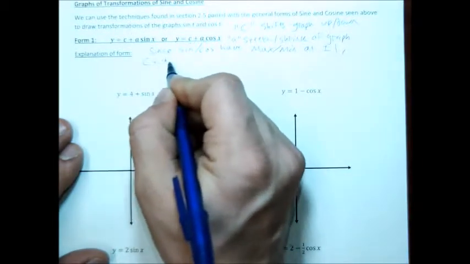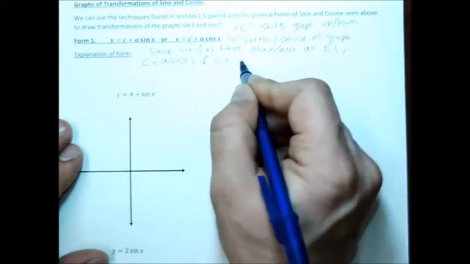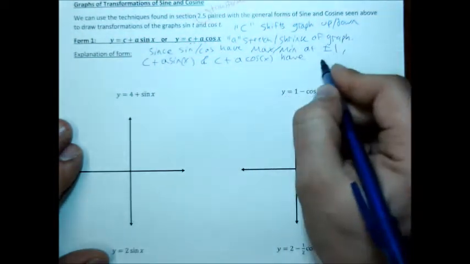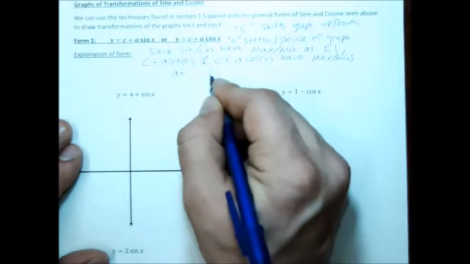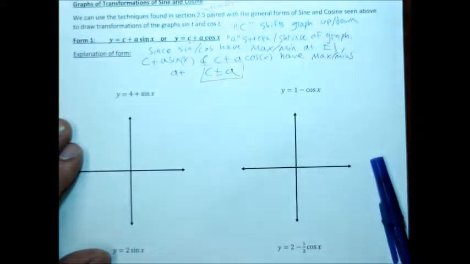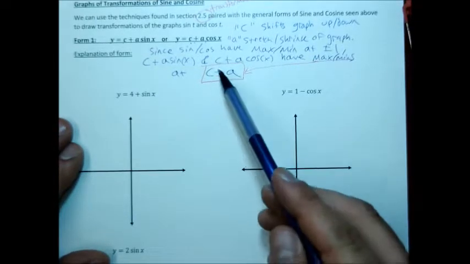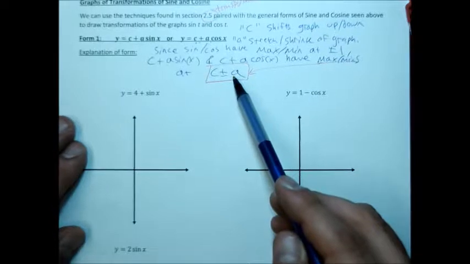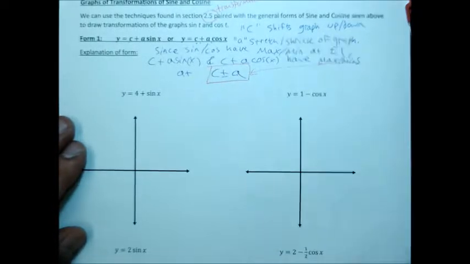So C plus A sine x and C plus A cosine x have max and mins at C plus or minus A. So this is the key relationship you want to think about. This is where the max or the mins occur. Okay, the C shifts the graph up or down, and then plus or minus A is the stretching part. And so we think about the new max or mins at whatever that value is.